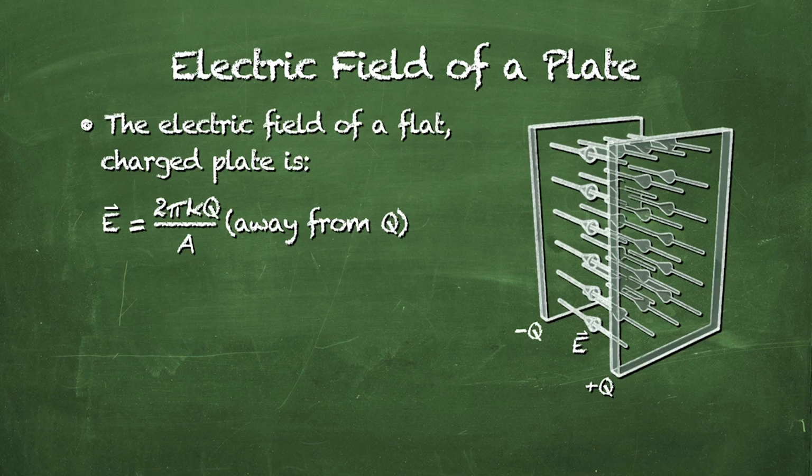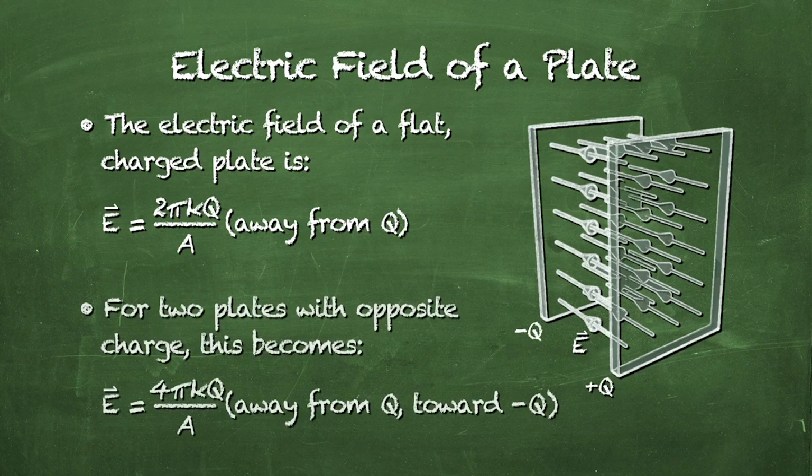Or in other words, the total electric field in between the plates is 4 pi times k times q divided by the area of a single plate. And the electric field points away from the positive plate, away from the positive charges, and towards the negative plate, or towards the negative charges.